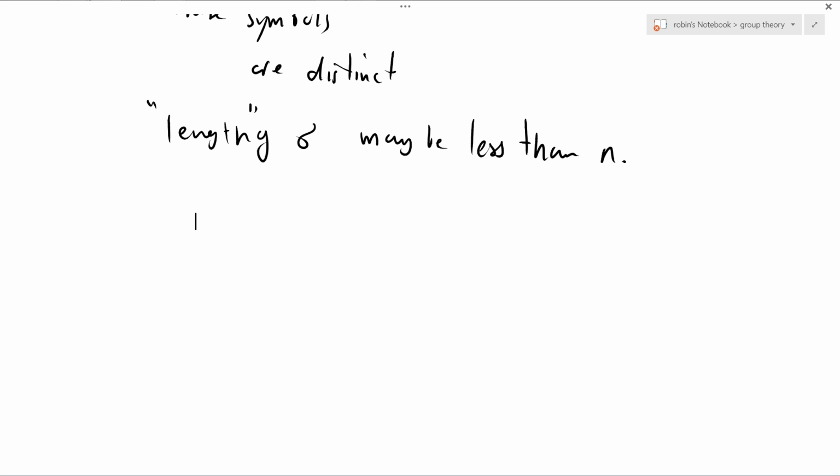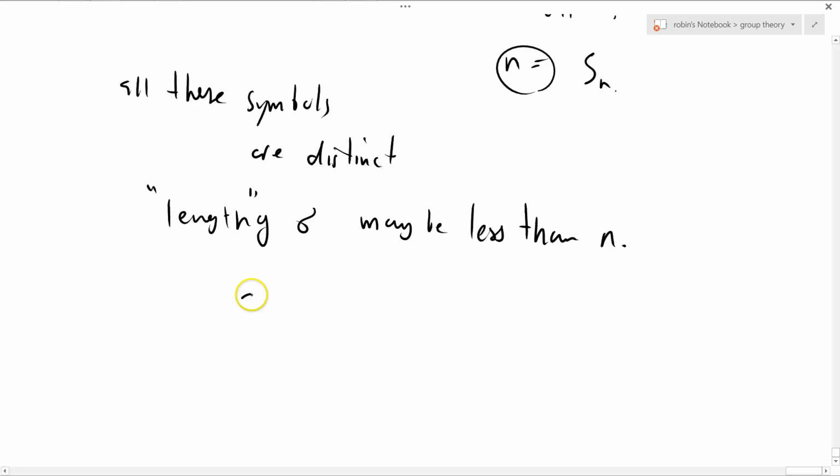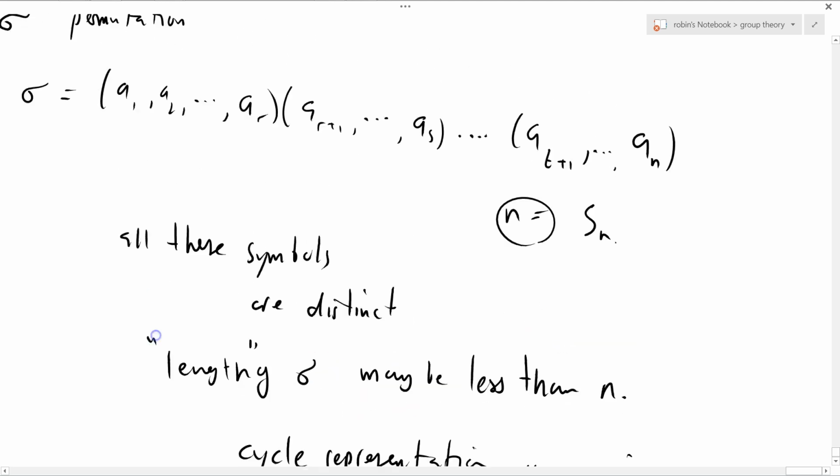So just thinking about this, the cycle representation is unique, except for one or two things.